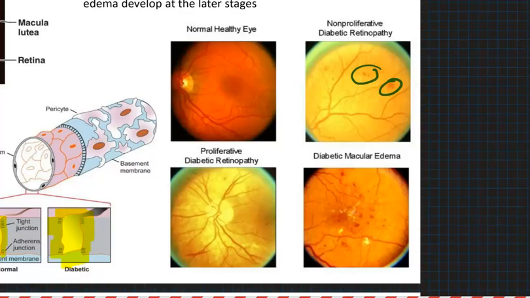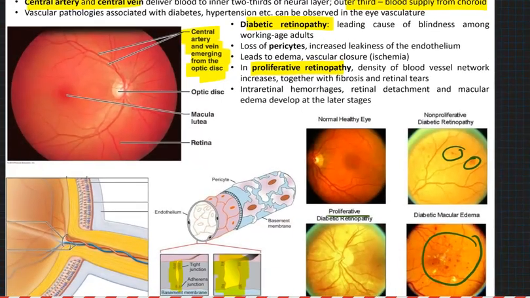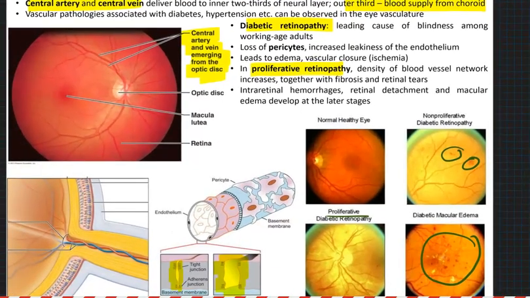It's going to work temporarily, but you're going to make the problem worse. This is called proliferative diabetic retinopathy. Eventually, the accumulation of that exudate results in the macular edema, and diabetic retinopathy is causing the most cases of blindness in adults.